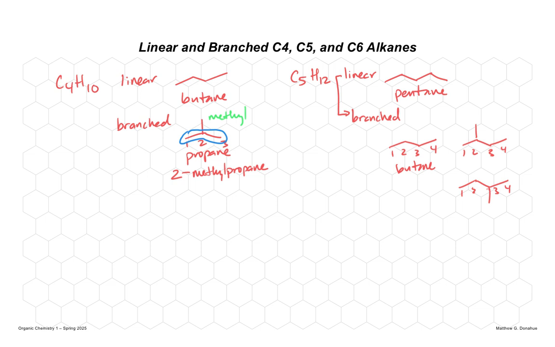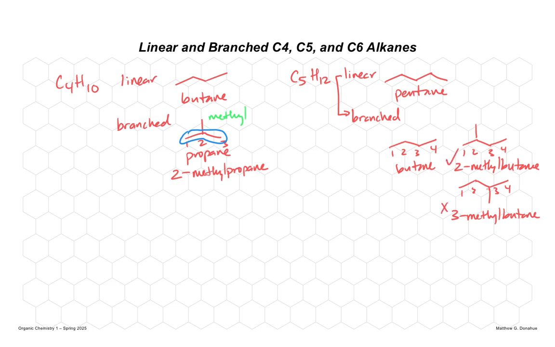We have to put that methyl group somewhere internal, either 2 or 3, but only one of those is right. Ultimately they're the same compound, but in terms of how you name it, the name is 2-methylbutane. So that one's correct.